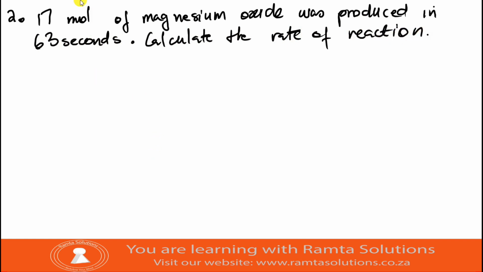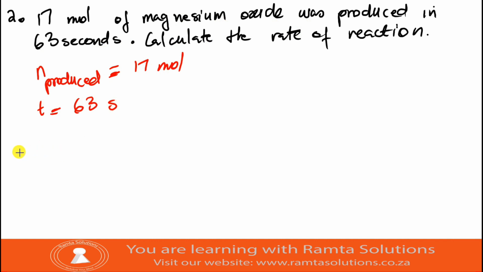So let's see, what information do we have here? We have the number of moles produced. Initially there was no magnesium oxide, so the number of moles produced is 17 mole. Now, what is the reaction time? The reaction time was 63 seconds.